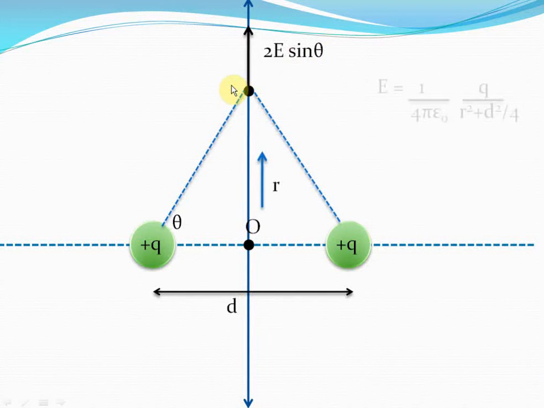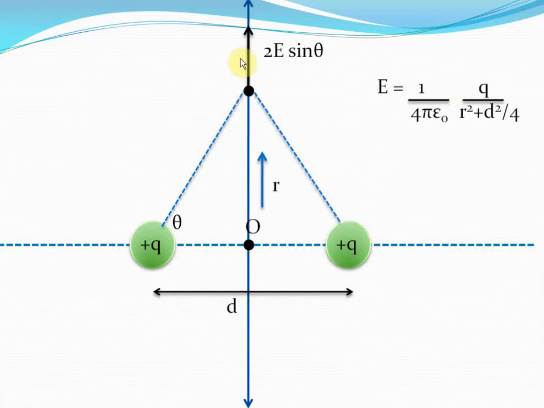After all, we know that E is 1 by 4 pi epsilon naught into q by r square plus d square by 4. After all, r square plus d square by 4 is equal to hypotenuse square, which is the distance of each of these charges from the point on the equator, isn't it?